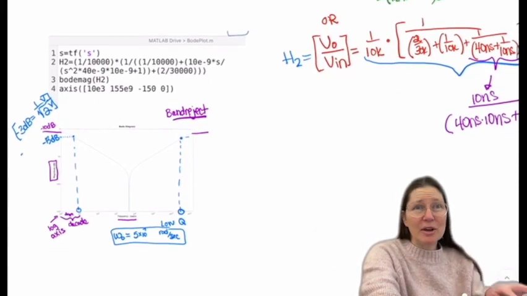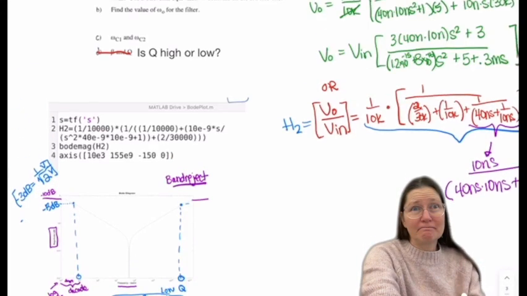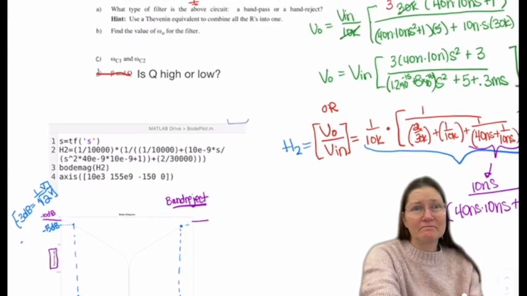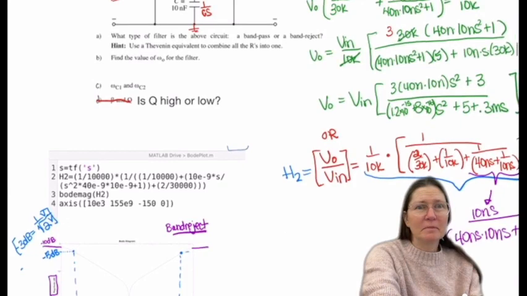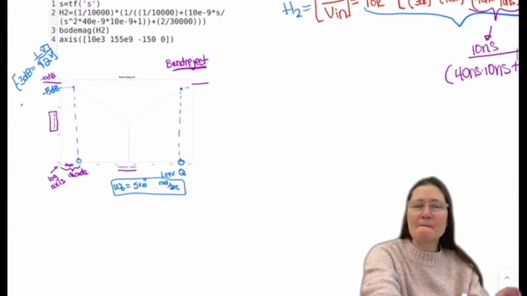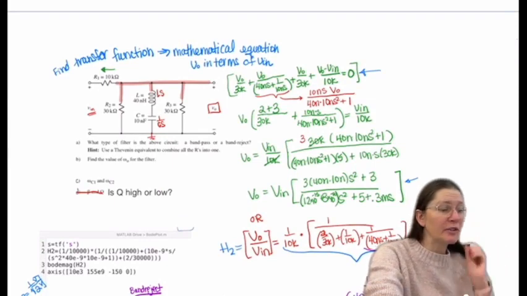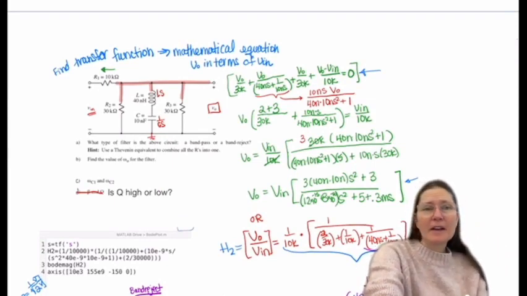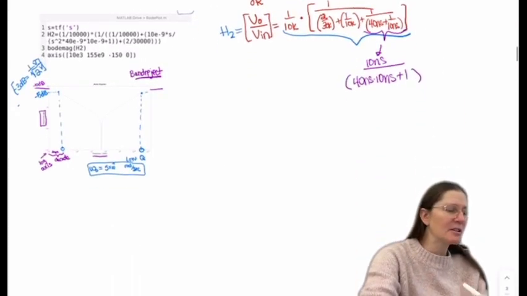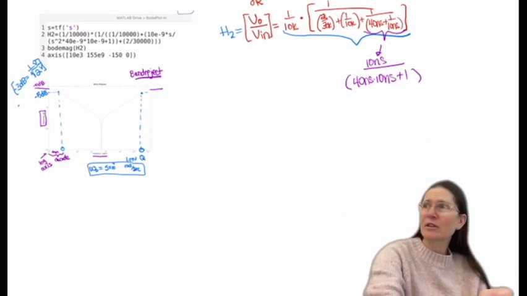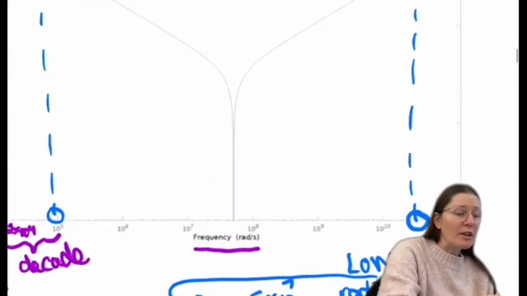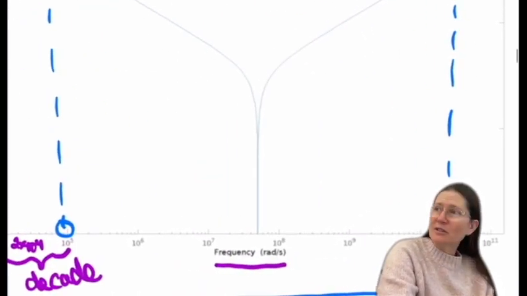Okay, questions about this? That wasn't too bad. What question did we answer? So this was just to find what filter this was. And we found out it was a band reject. And then what value of omega naught, which was 5 times 10 to the 7th. It's just that one location that looks like the center frequency portion.